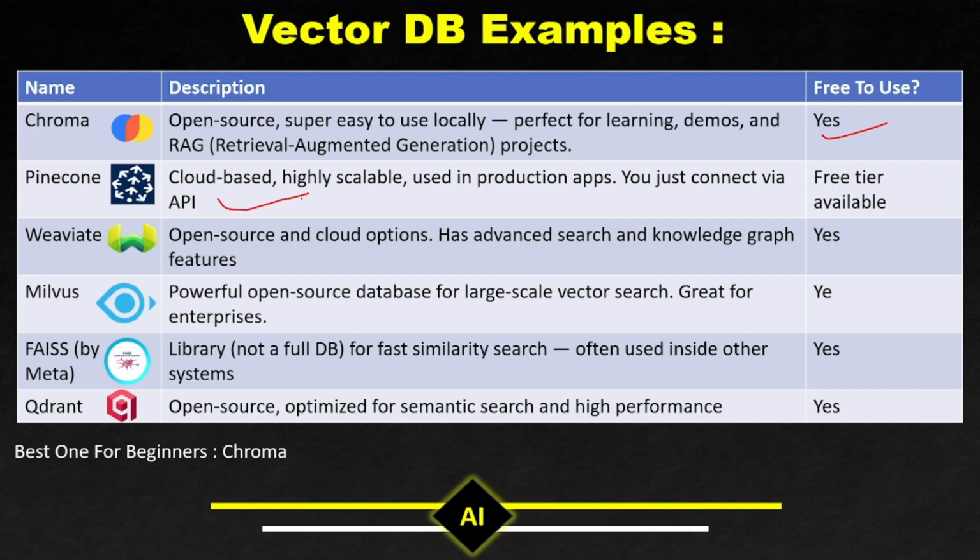Weaviate is open source again, has cloud options, advanced search, and knowledge graph features. Milvus is a powerful open source database for large-scale vectors and great for enterprises. FAISS by Meta is a library, not a full DB, for fast similarity search, often used inside other systems. And Qdrant is open source, optimized for semantic search, and freely available as well. The best one for a beginner is Chroma.